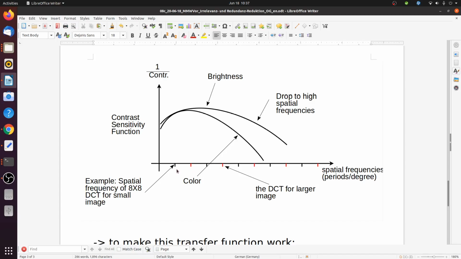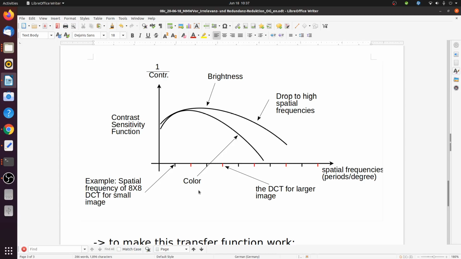Yeah, and the frequency axis now needs to be connected to the DCT subbands, right? And that also depends on the resolution of our image, which means how many pixels we have in our image, and also on the viewing distance.